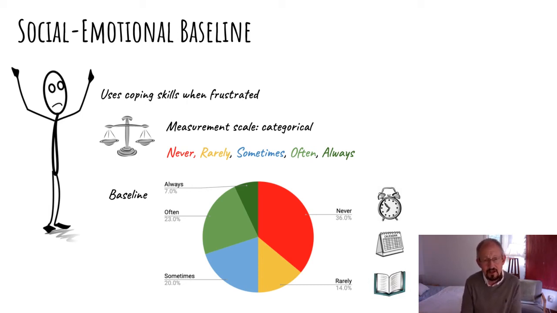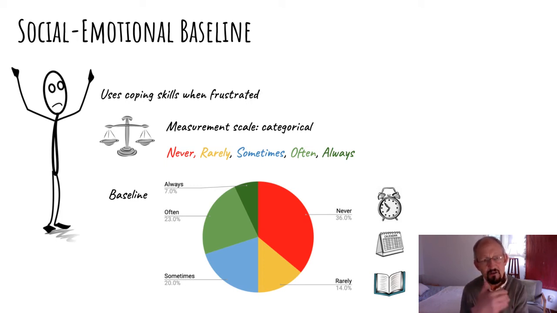Lastly, is the context in which we're observing it, right? If we've targeted our assessments for the baseline, let's say only during academic work, then all that we can speak to in terms of our baseline is what the child's ability to use coping skills looks like during academic contexts, right? And that's a limited range of information and therefore limits our use of the baseline.